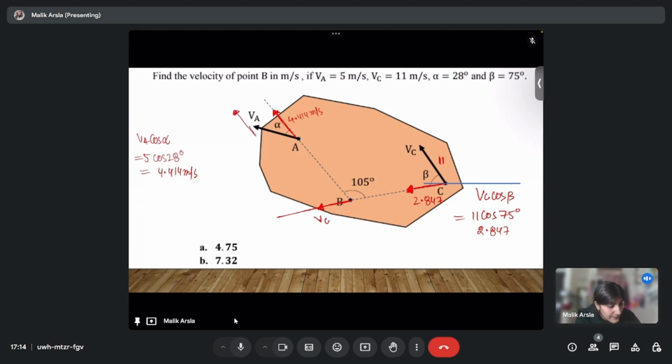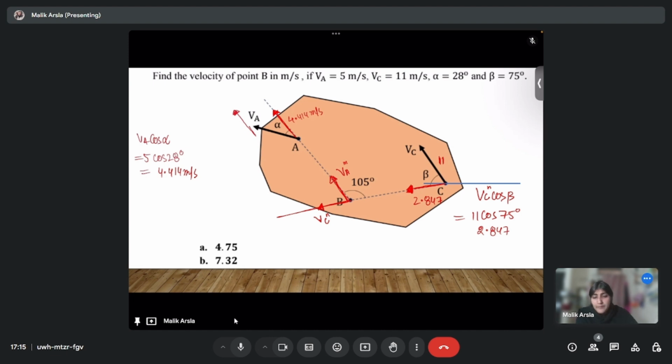Say this line I am calling n, so it will be vcn. And the component of velocity of a is here, so let me call it va m.